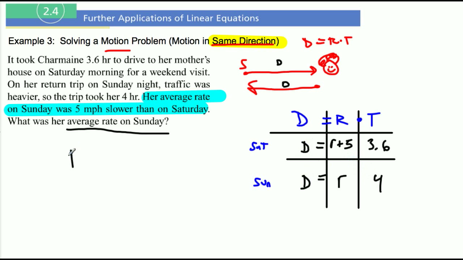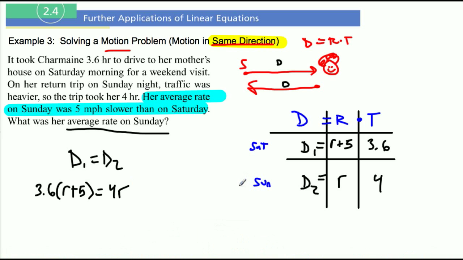If d1 equals d2, then what is d1? Oh, d1 is r plus 5 times 3.6. So I'm going to substitute d1 with 3.6 times r plus 5. And what is d2? Well, d2 is r times 4, or 4r. And now we have our setup.